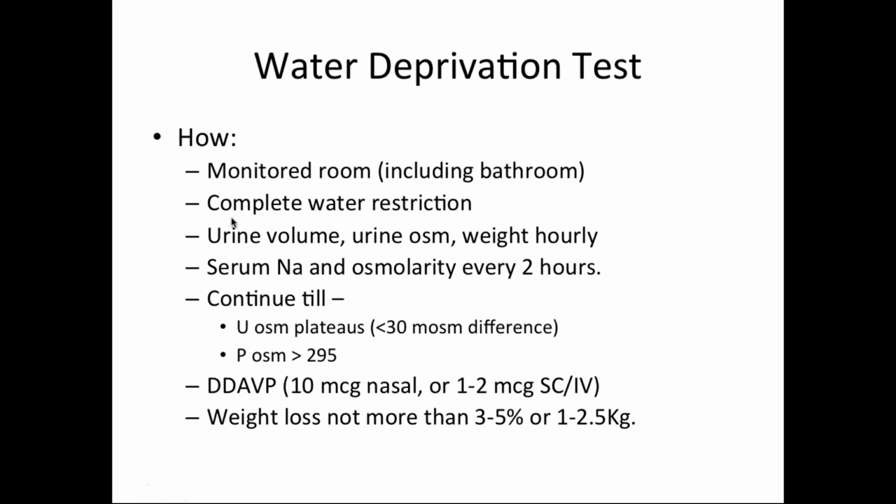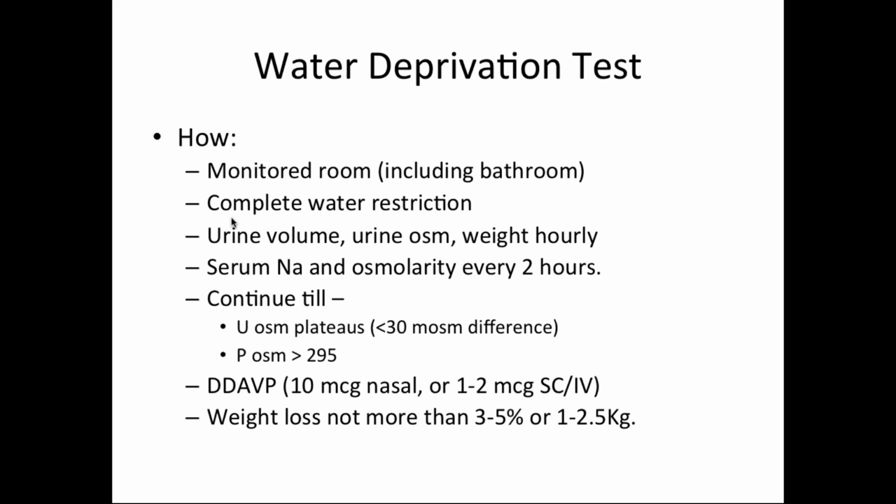The first thing is you need a monitored room, especially if you're also considering someone may have primary polydipsia, and you will need to have complete control and no source of water in the room, because many patients with primary polydipsia will find weird and strange ways of getting water into their body, which may include the toilet, wash basins, or any other source of water that is in there.